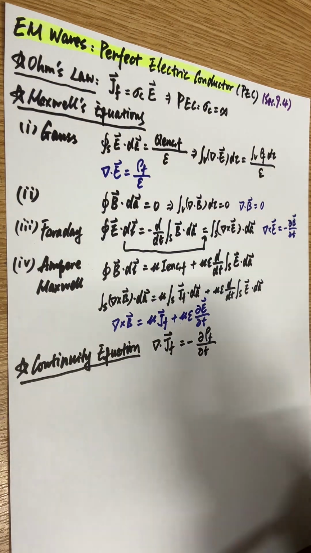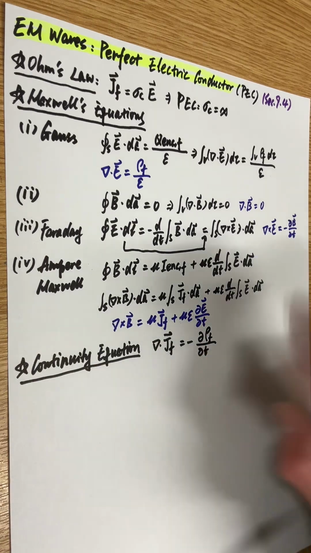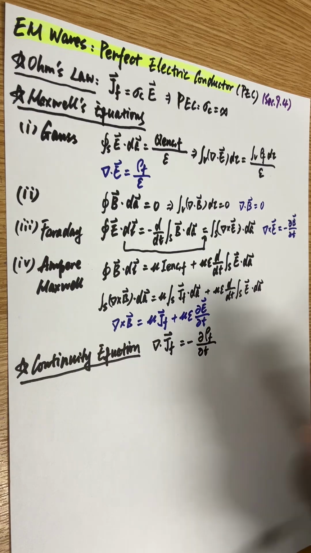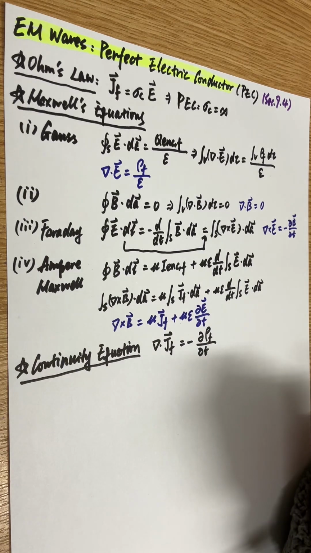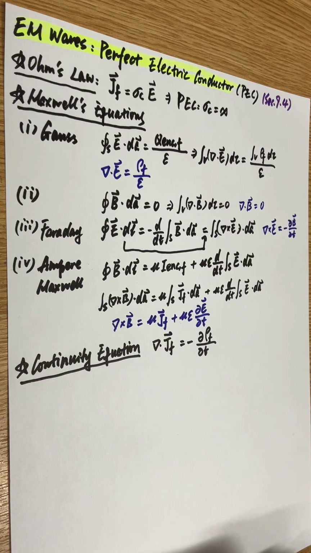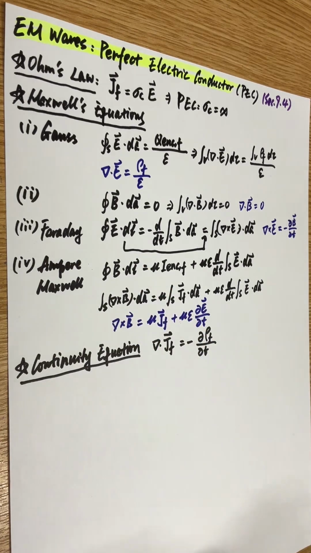So how much current is flowing out from a point equals the speed of charge losing, so how much charge is losing over time at that point. So this is a really important addition to Maxwell's equations.